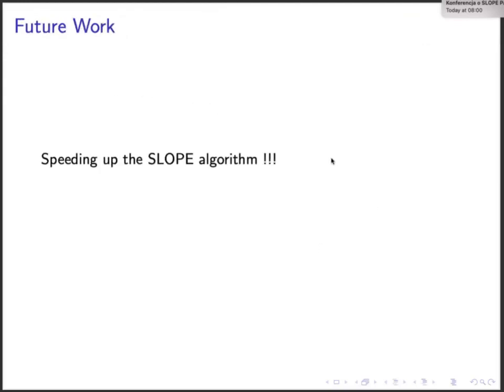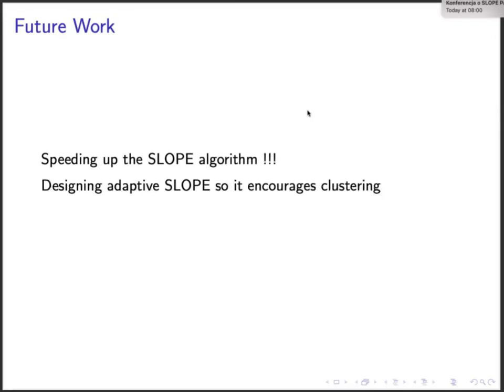Okay, so what is the future work for us? As you can see, we are doing a lot of things with SLOPE right now. Particularly, we want to work with adaptive SLOPE, which requires at least several iterations of the SLOPE algorithm. So what is really important for us is to speed up the SLOPE algorithm. Also, concerning adaptive SLOPE, the current version which we have goes against clustering.